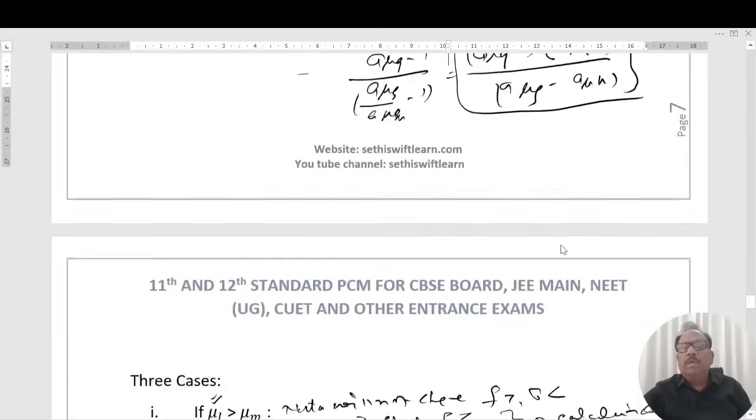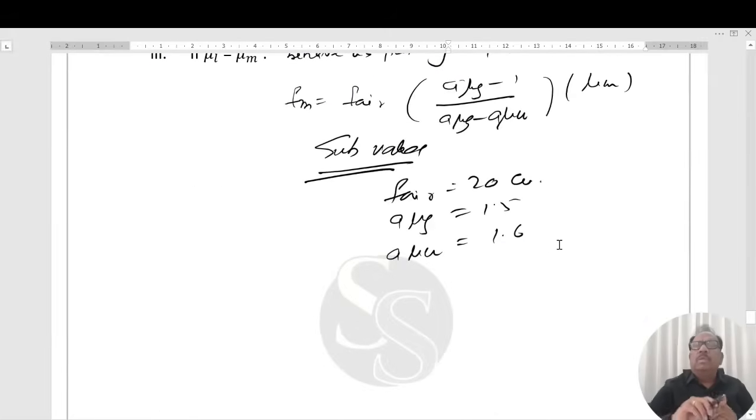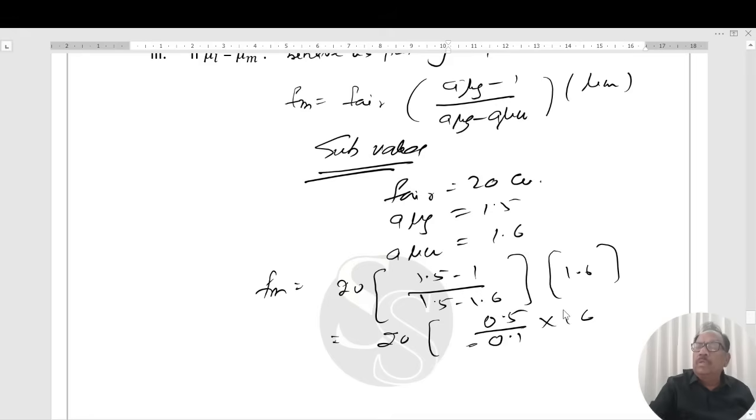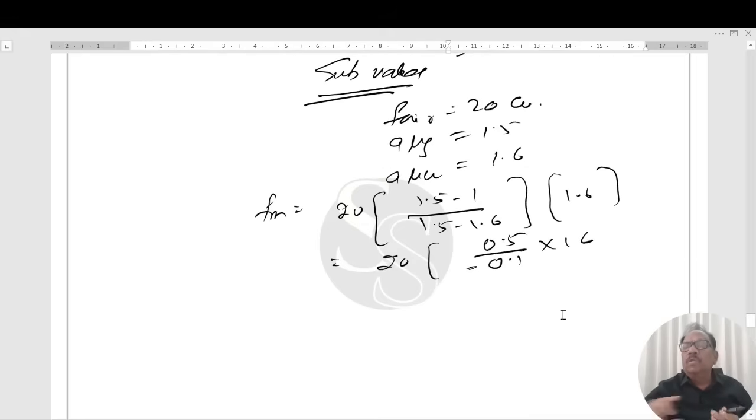Right? Then substituting the values. F m is focal length in medium. F m equal to 20 into 1.5 minus 1 upon 1.5 minus 1.6, into 1.6. On simplification, 20 into 0.5 upon 0.1 with negative sign, into 1.6. Right? On simplification this comes out to be minus 160 centimeter.